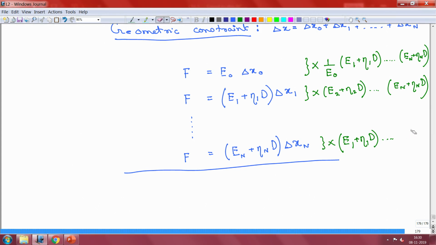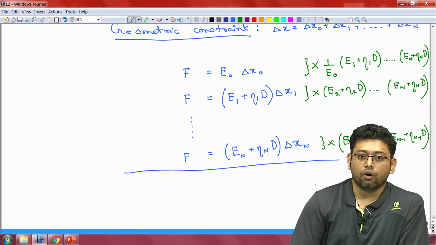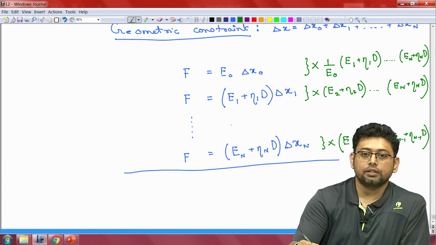Running out of space here, so I will make it more compact, and I am just going to compress things. So, we have E N minus 1 plus eta N minus 1 into d. I hope you can see what I am trying to do. I am trying to ensure that all the delta x's now have the same multiplication coefficient in front of them, so that I can just go ahead and add.